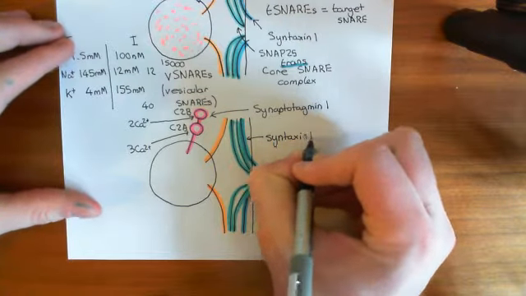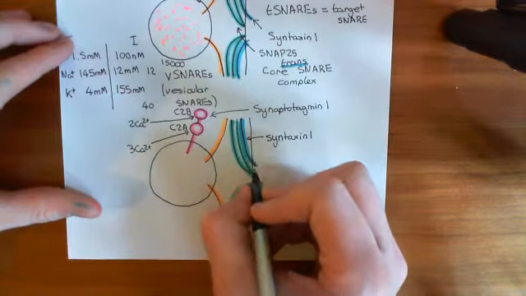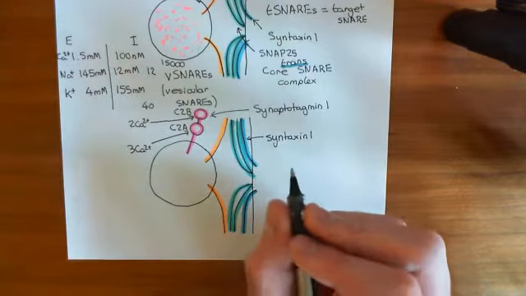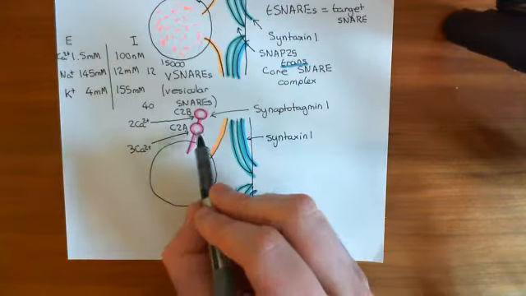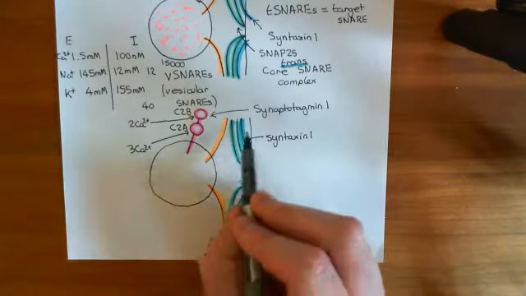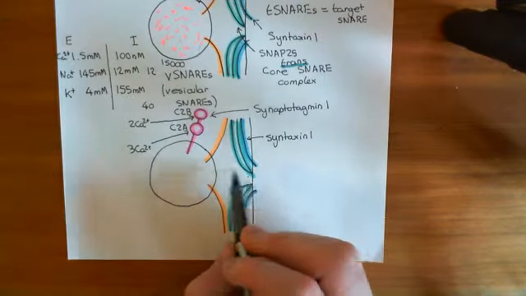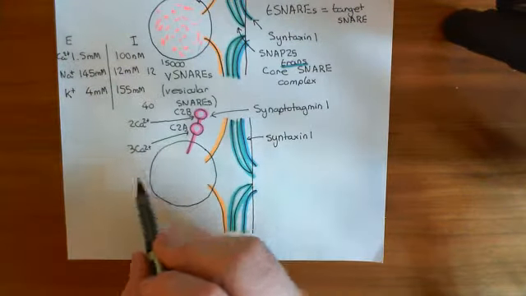You can imagine how that's going to help bring the vesicle closer to the plasma membrane. More importantly, however, the C2a and C2b domains both bind to lipid components of the phospholipid bilayer that are in the plasma membrane and not in the synaptic vesicle.